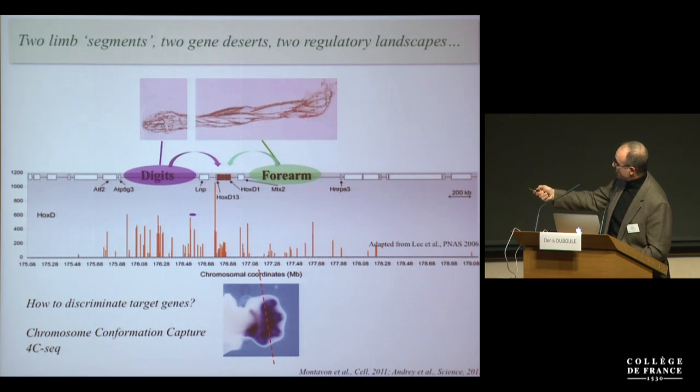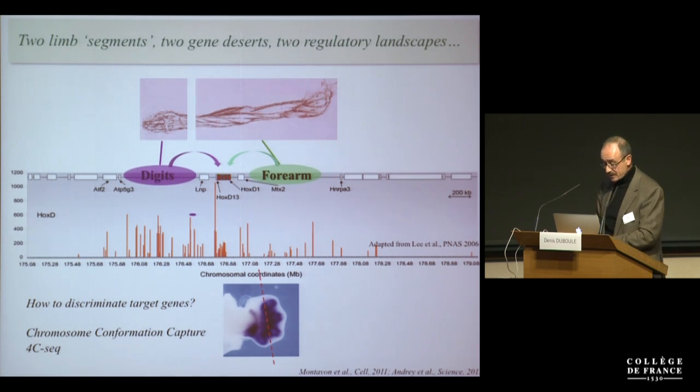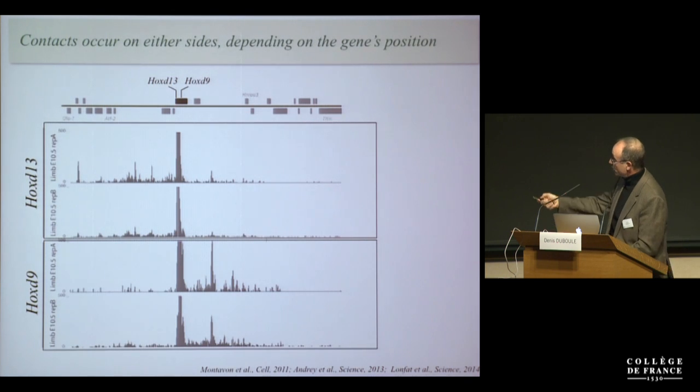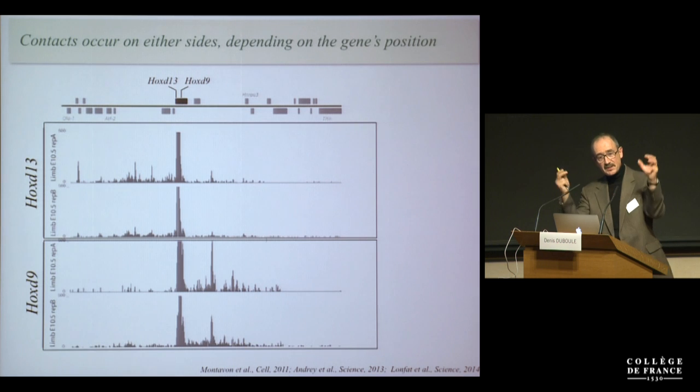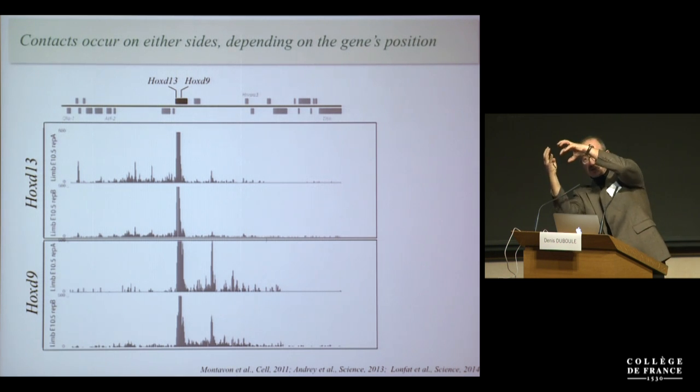And what he did was to use a gene as a bait, which was on that side of the cluster, number 13, and another bait, which was on the other side, number 9. When he took number 13 as a bait, he saw that most of the contacts were observed in the centromeric gene desert, very few in the other gene desert, meaning that gene number 13 is systematically engaged in contacting this gene desert.